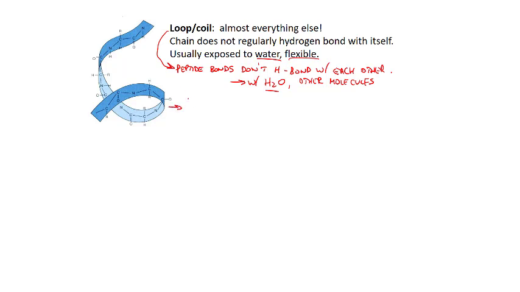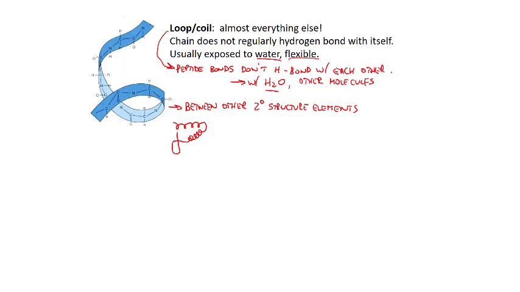So a place where you tend to see loops is between other secondary structure elements. So for example, in some proteins, you may have a helix and then a turn and then another helix.